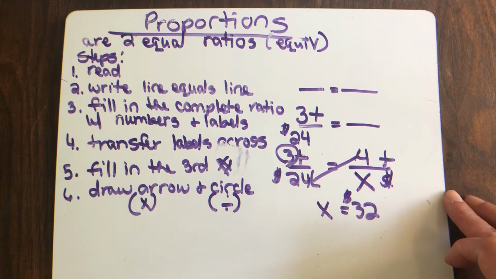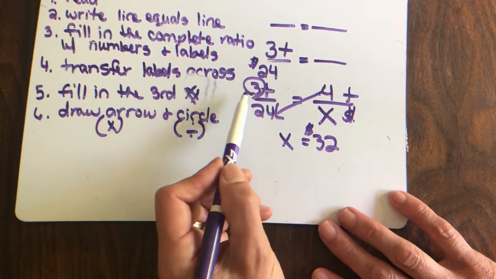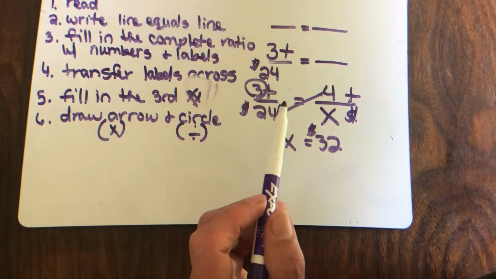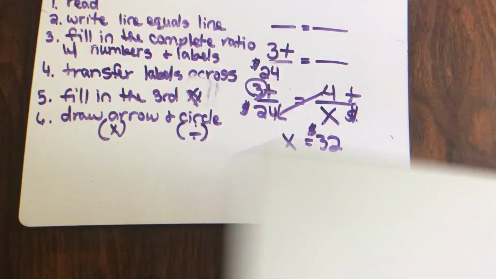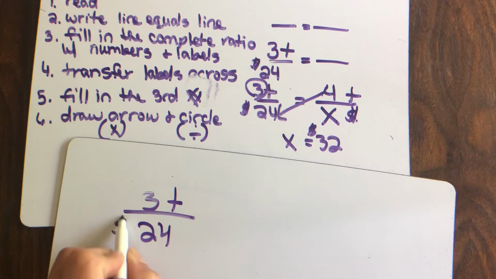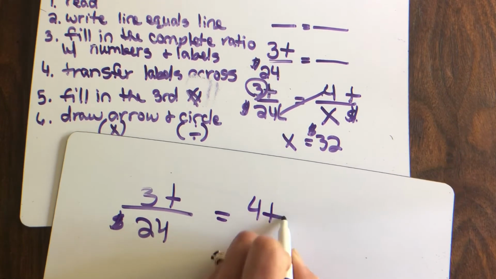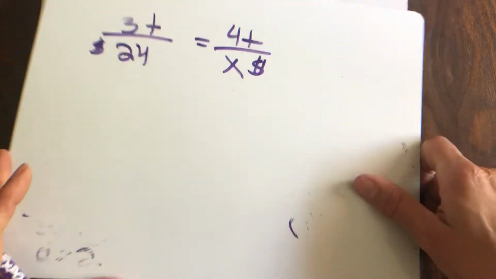Now I want to show you one more thing before we leave. So let's say you set your problem up like this. You have 3 tickets and you had $24 and 4 tickets and X dollars, okay? So you've done it this way.